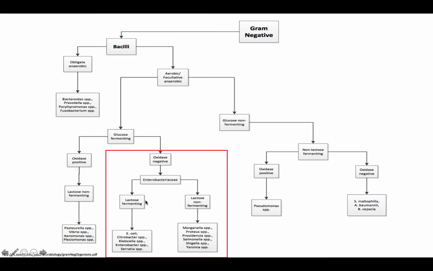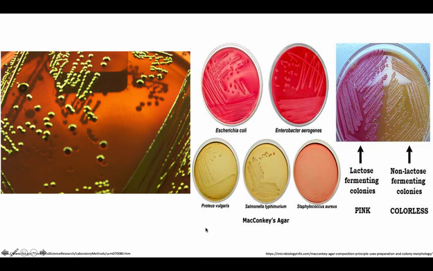So go for the lactose fermenters: E. coli, Klebsiella, Serratia, Enterobacter, which we discussed. And then the non-lactose fermenters are Shigella, Salmonella, Providencia, and all the others. Vibrio as well is a non-lactose fermenter. We go into these points, which are the things that matter for discussing the new material.